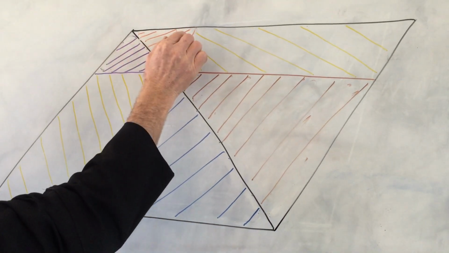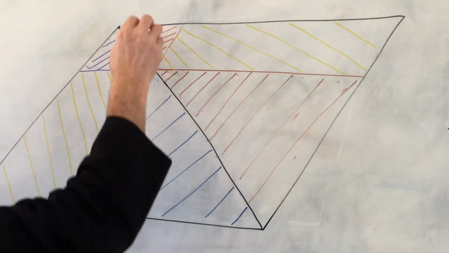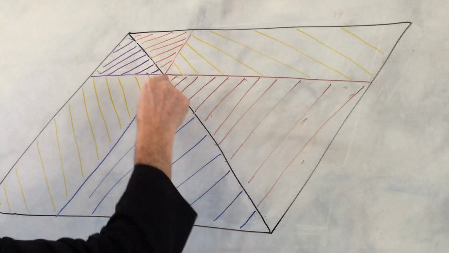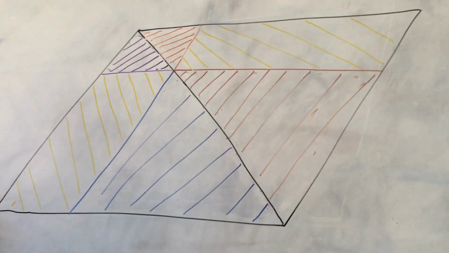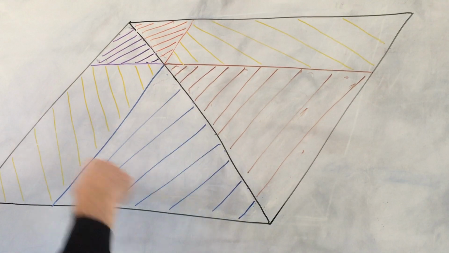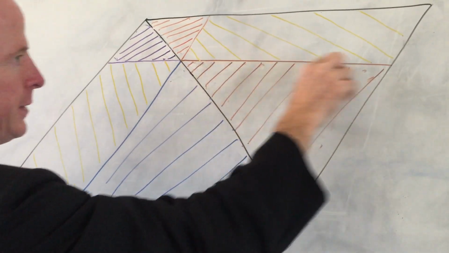So if this triangle equals this triangle, and this triangle equals this triangle, then this triangle plus this triangle are equal to this triangle plus this triangle. So this shape right here is equal to this figure right here. The figure is equal to the figure. Great. But the whole of these two little things is equal to the whole of these two little things.